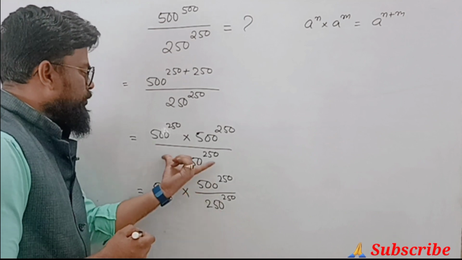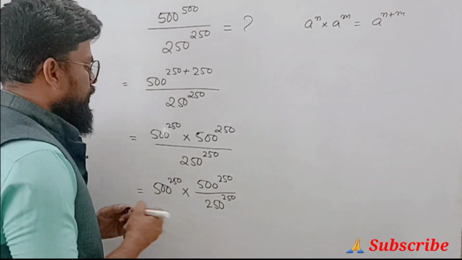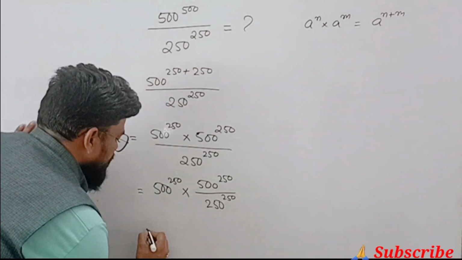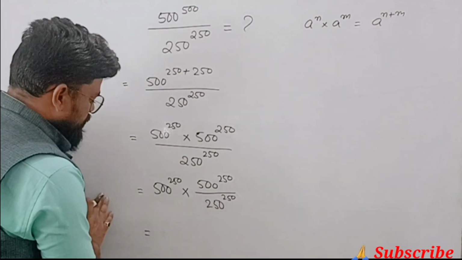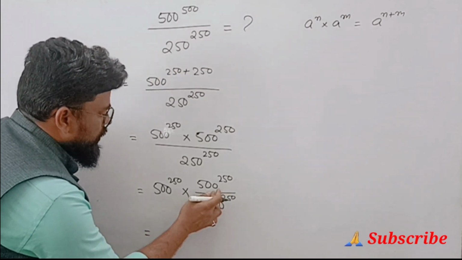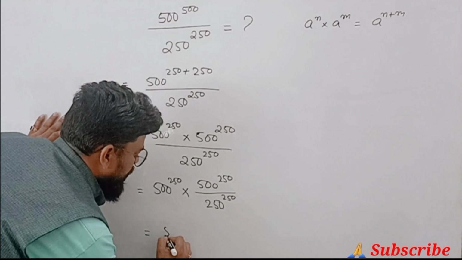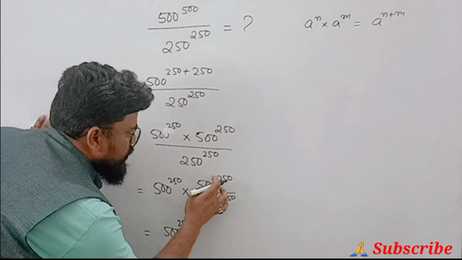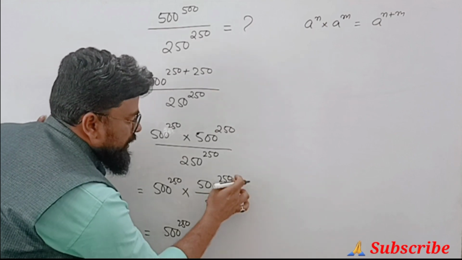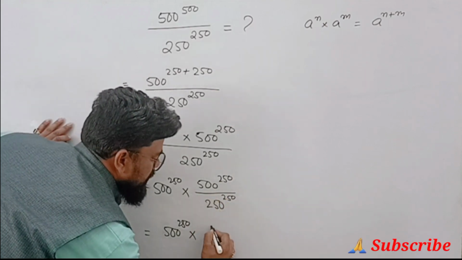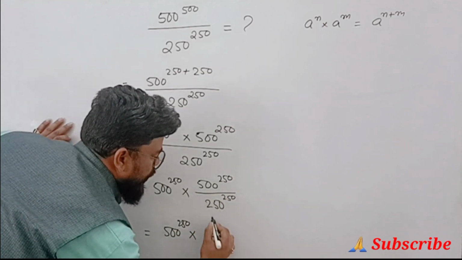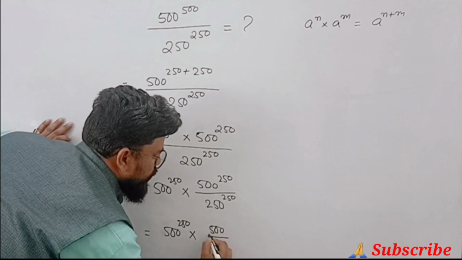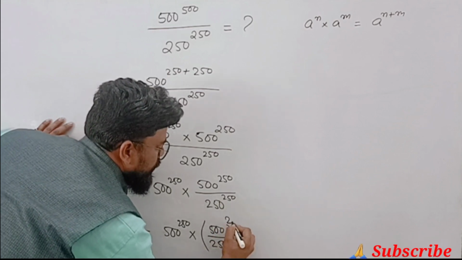Then here, the power is the same, so this can be written as 500 upon 250, whole to the power 250.